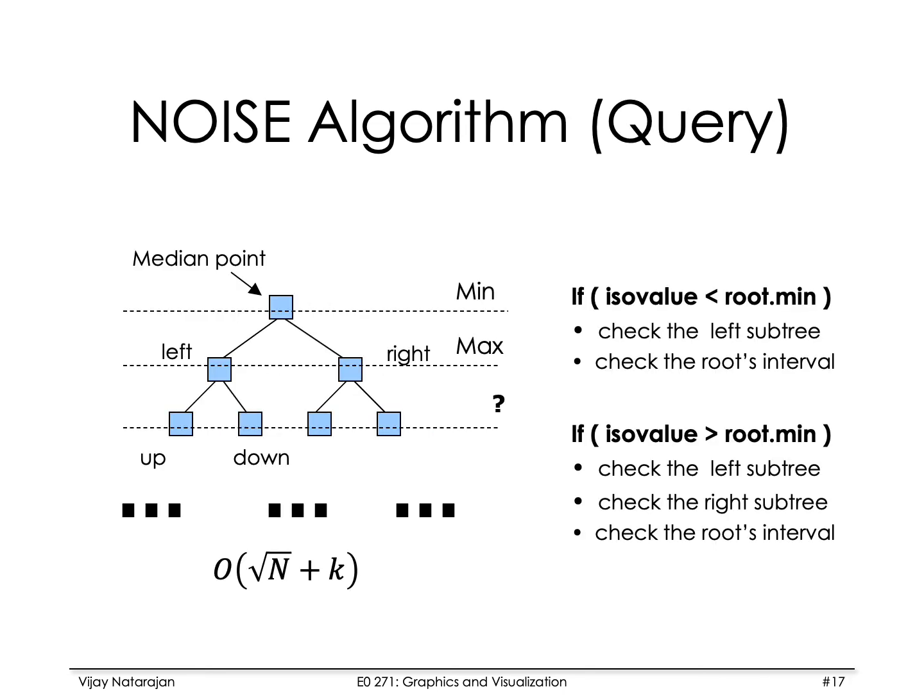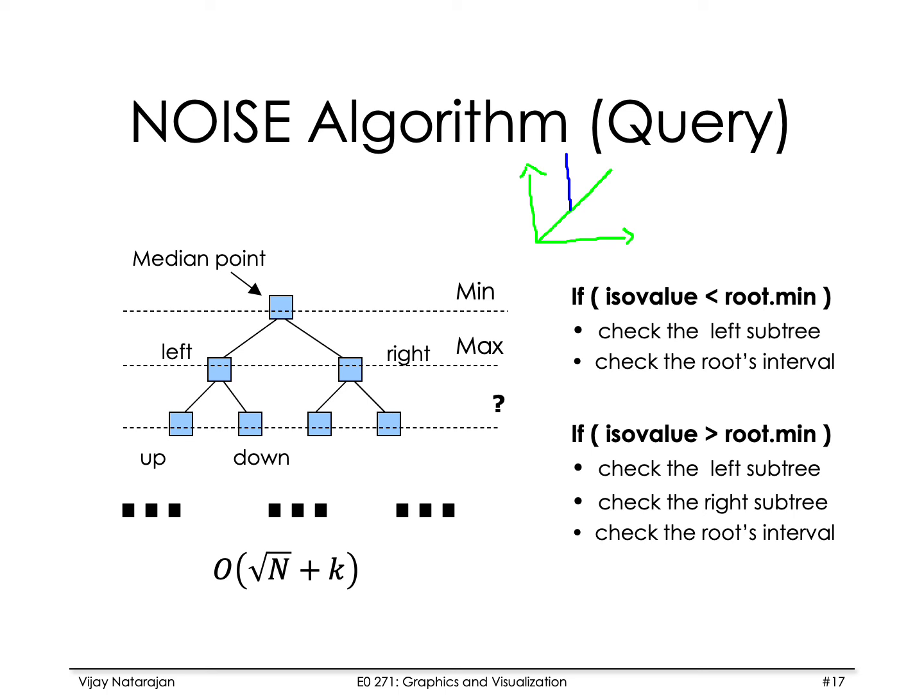Let's look at this algorithm again. The first case, like I said, is when the iso value is less than the root's min. So we had the x equal to y line, and we had the line corresponding to the root.